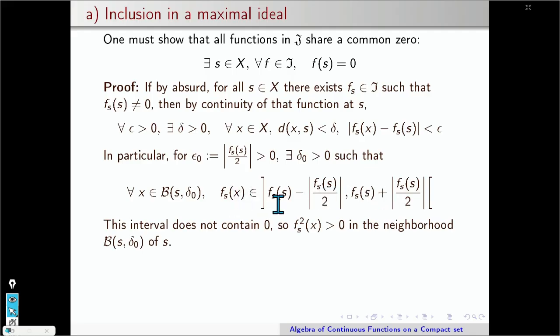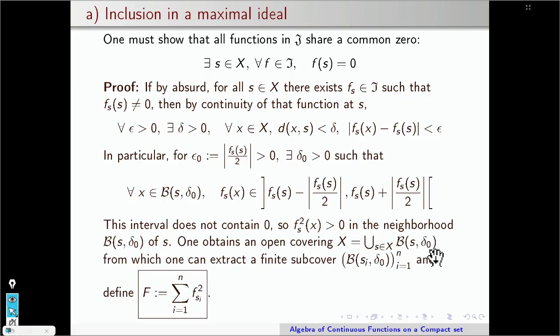For example, if the value here is negative, I obtain here minus 3/2 the absolute value and minus 1/2 the absolute value. We see that this does not contain 0. And if I take the square of the function, we'll have a function that is strictly positive in that neighborhood. Of course, delta here implicitly depends on epsilon and s.